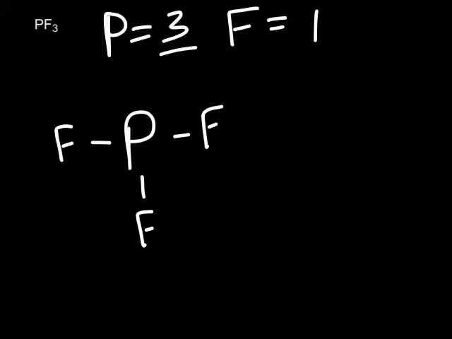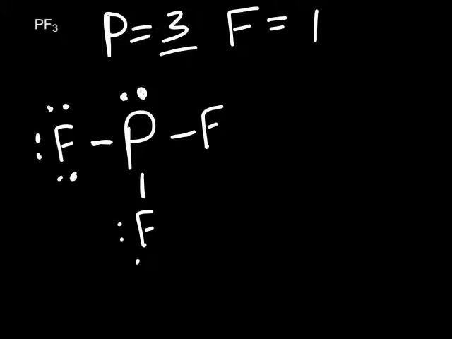Okay, the next thing I do is make sure the octet rule is satisfied. Well, phosphorus has the 2, 4, 6. It needs 2 more to give me 8, so I'll put the 2 dots above the phosphorus. That gives phosphorus 8. If I look at the fluorines, again, I've got 2 in the bond, and then we add in the rest of the electrons, giving them a total of 8.